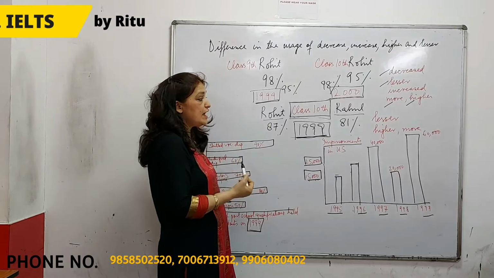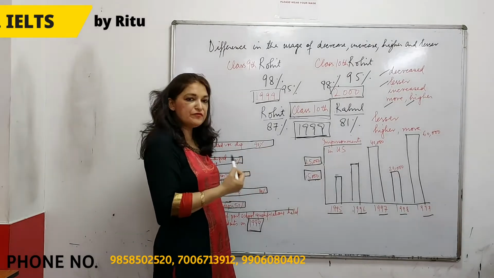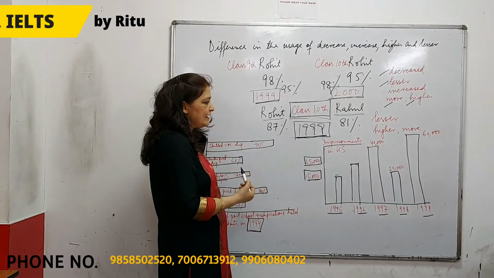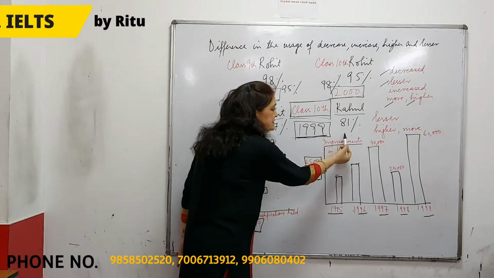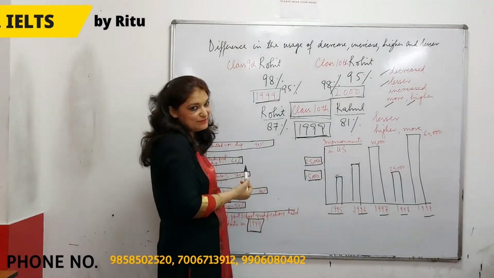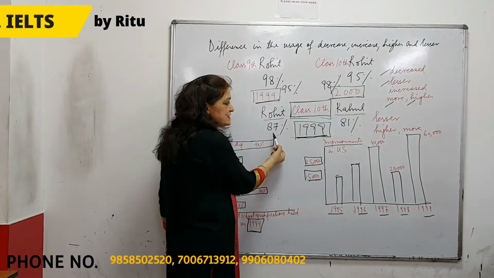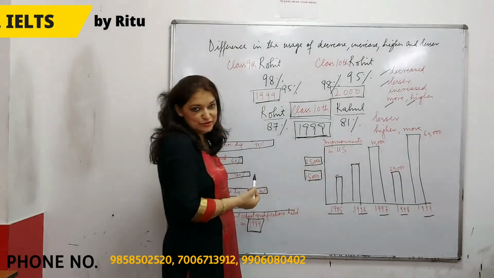So here if I have to write about these two students, what is the correct way of making a sentence? Here I can say Rahul's percentage is lesser in comparison to Rohit. Or I can say Rohit's percentage is higher than Rahul.